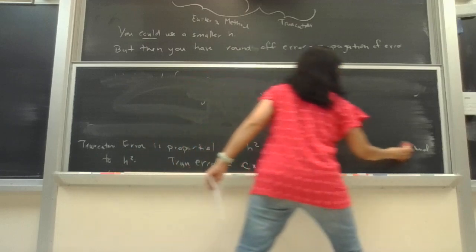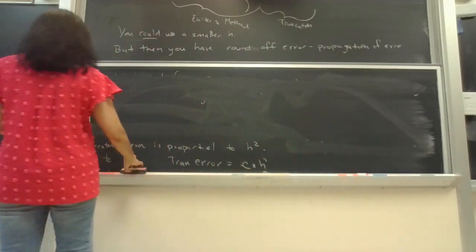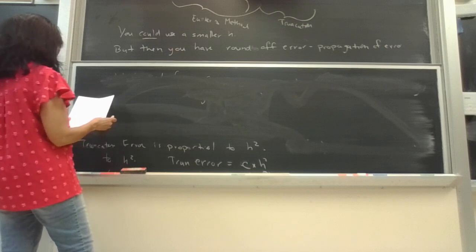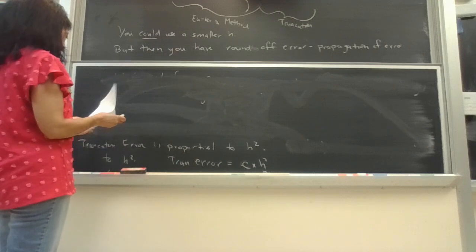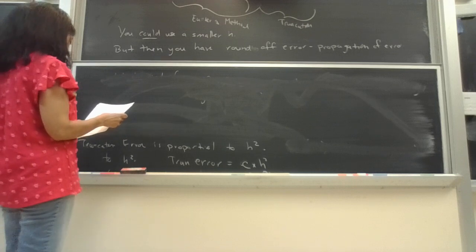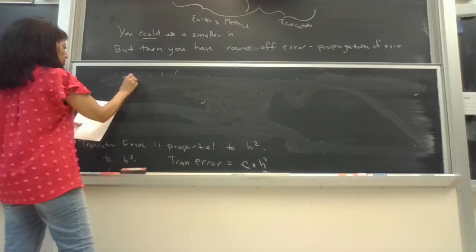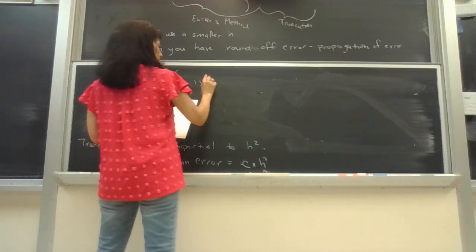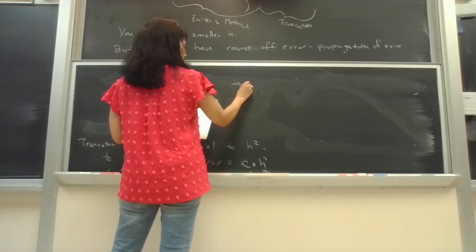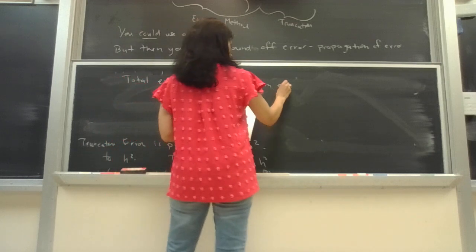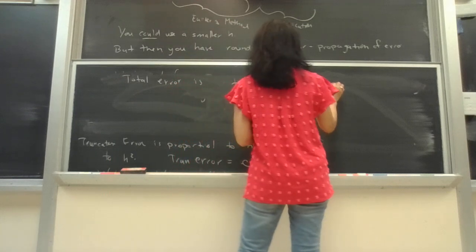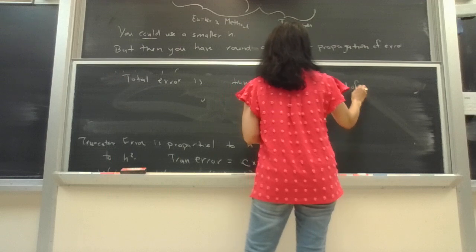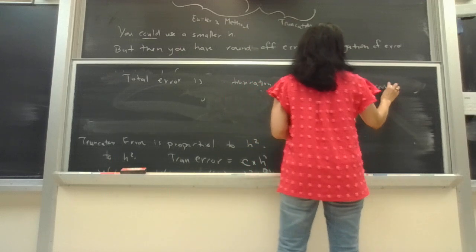So this section of the book talks about the total error. It's going to be a sum to get both.